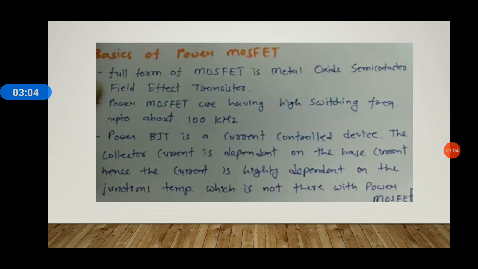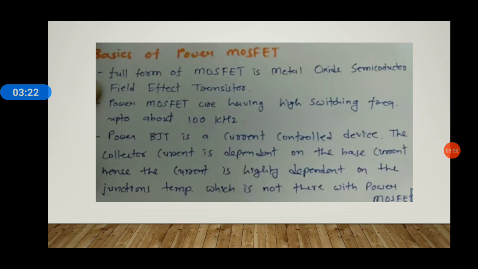We all know that MOSFETs are majority carrier devices. So due to the absence of minority carriers, the turn on and turn off times are small. If turn on and turn off time is small, we will have a high switching frequency.